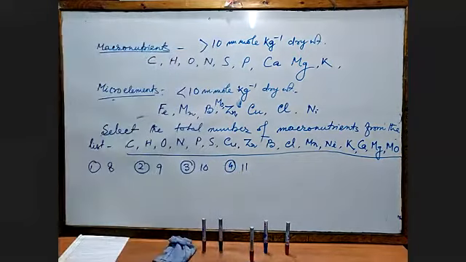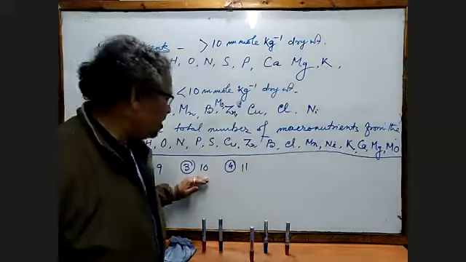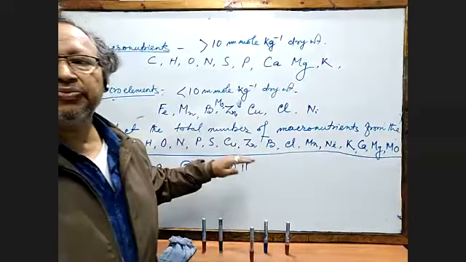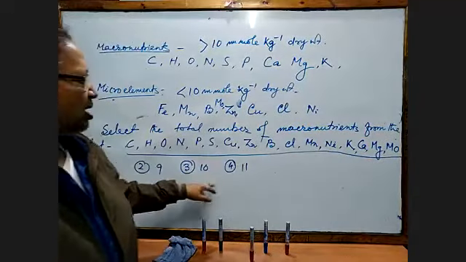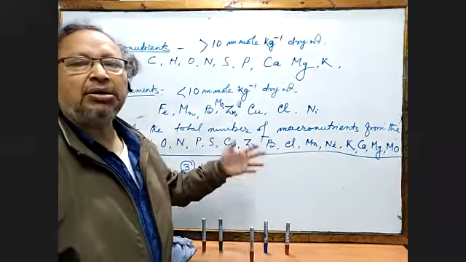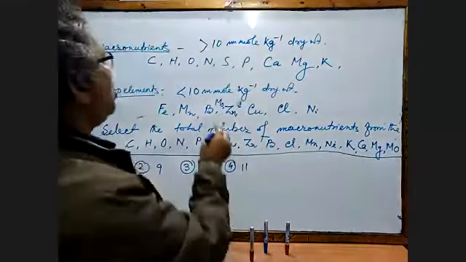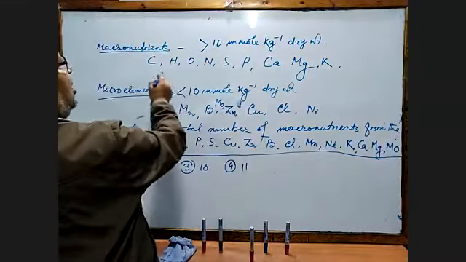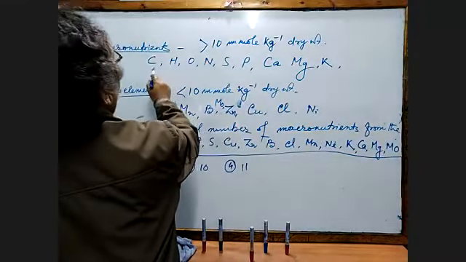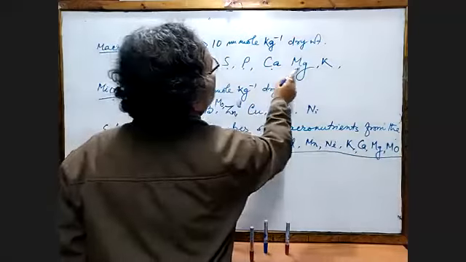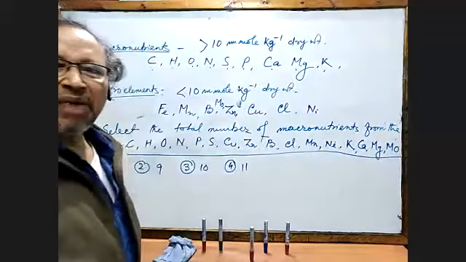See here in this question that option 3 and option 4 cannot be the answer, because we know how many macronutrients there are: 1, 2, 3, 4, 5, 6, 7, 8, 9.